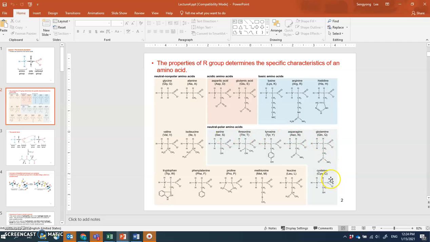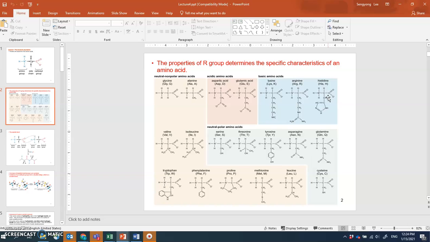So you probably need to remember and memorize these amino acids since you are in the upper-level class. You need to know all 20 amino acids and which one belongs to which group. I want you to memorize their names in each group, and hydrophobic versus hydrophilic, acidic, basic. In your first exam, we'll have a question about this.